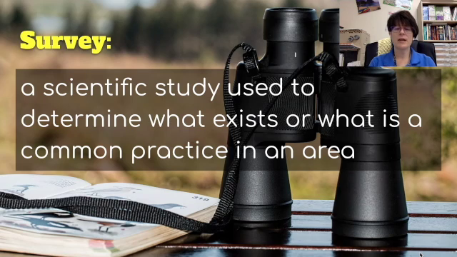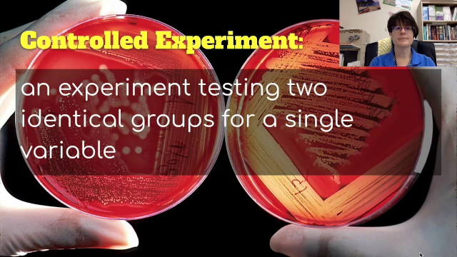Perhaps rattlesnakes have been reintroduced to an area, and we know that rattlesnakes eat organisms that prey upon birds. And so we're going to hypothesize that the bird population will actually increase with the introduction of rattlesnakes. There's no experiment really here. We're just observing, and so we will conduct a scientific survey in order to see what is going on.